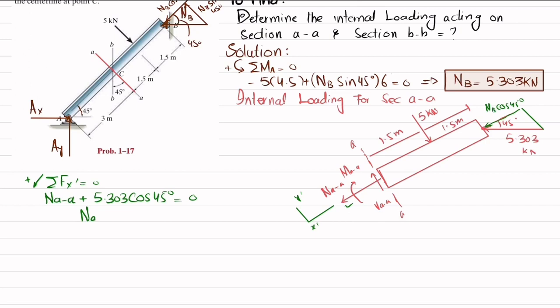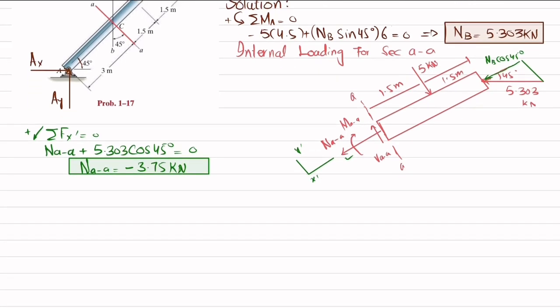From here we will get NAA equal to minus 3.75 kilonewton. Now this value is negative. It means that the direction we have taken for NAA is wrong, so N should be in this direction. But the magnitude of this force is 3.75.